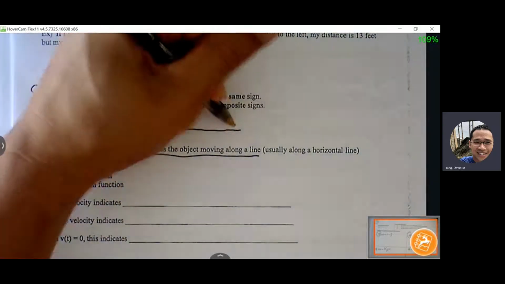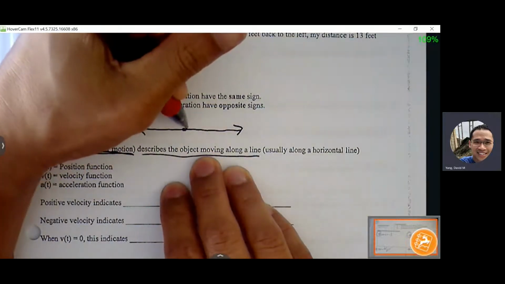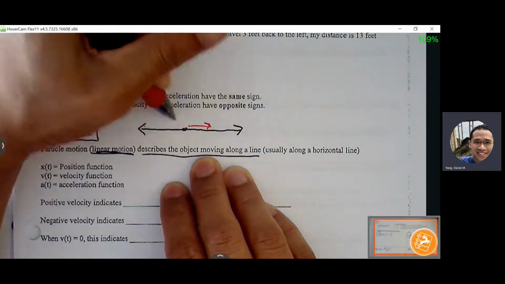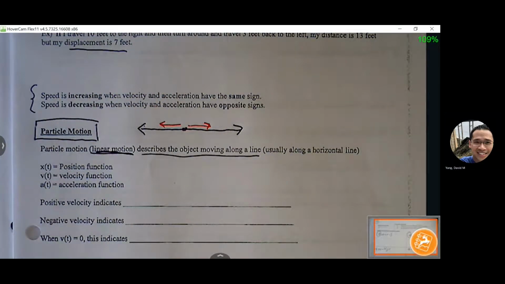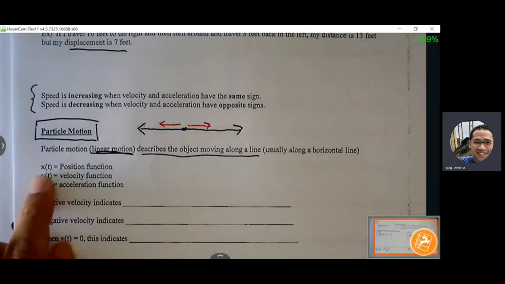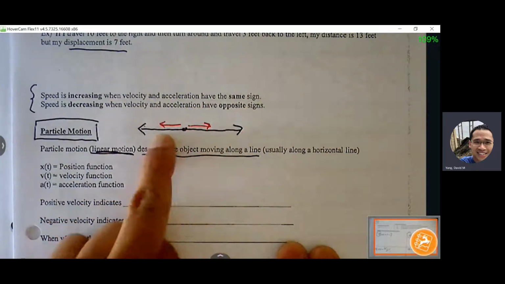So for instance, if an object is somewhere on the x-axis, it can only do 3 things. It can only move to the right, it can move to the left, or it can remain motionless. So a lot of position, velocity, acceleration is still going to apply. We just have a more restricted motion for this object.